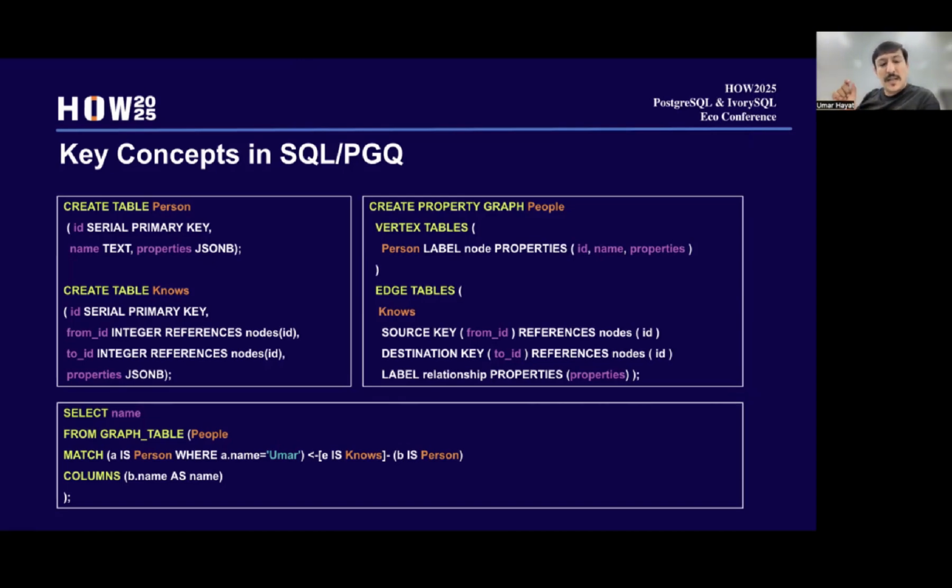There's a bit of syntactic difference. For example, in Cypher you use a colon person, but in this syntax you write MATCH a IS person, where a's name is Umar, and e is knows, which is the relationship table, and then the relationship label, and then it knows the second person. The COLUMNS clause is what you return from this table.